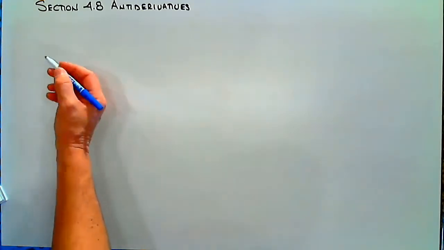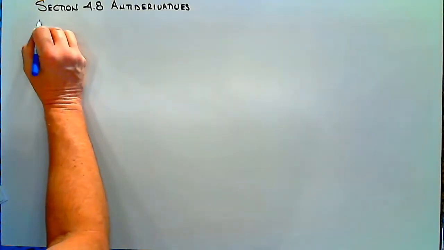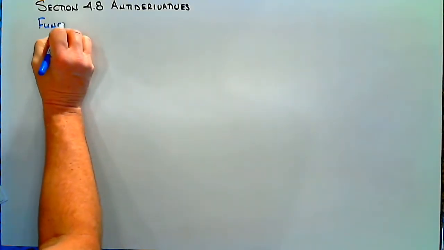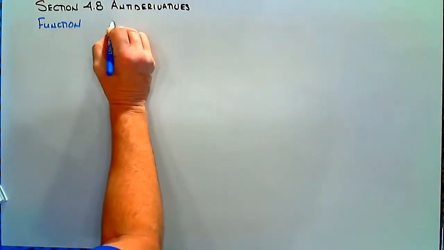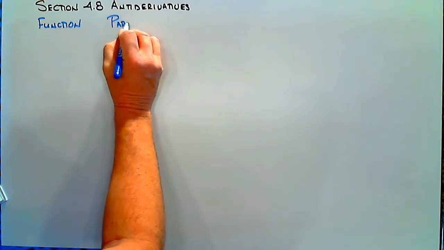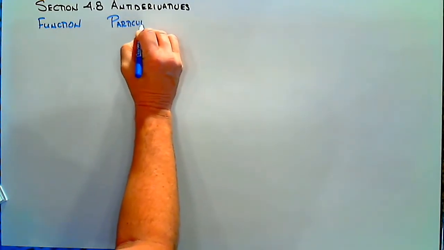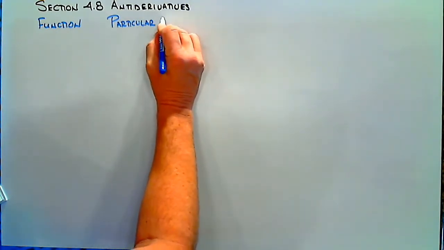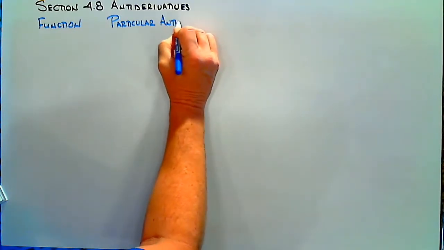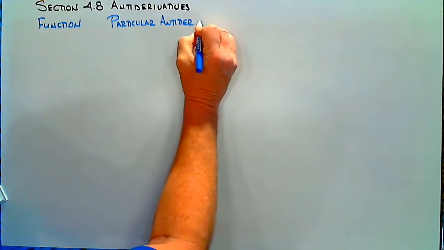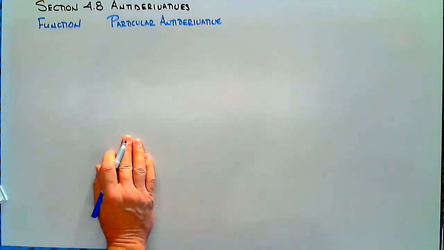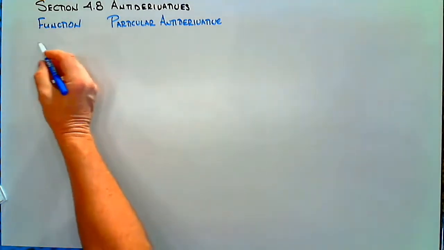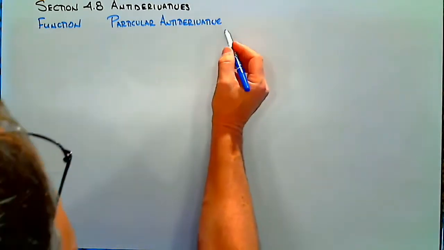So, how is this table set up in our book? Well, in our book, it says function, then it says particular antiderivative. Now, what do we mean by particular?